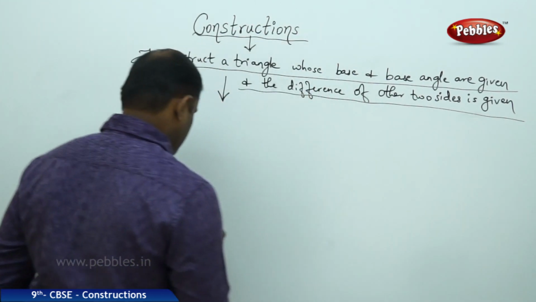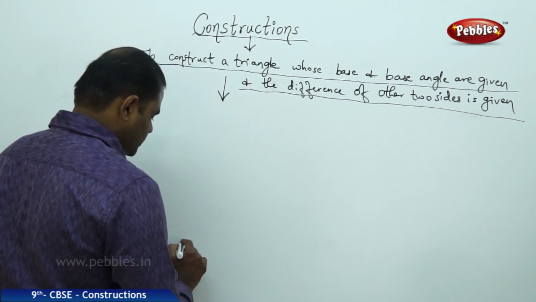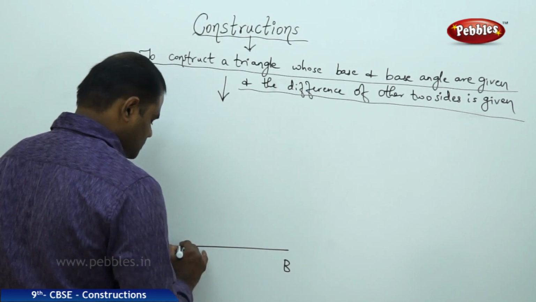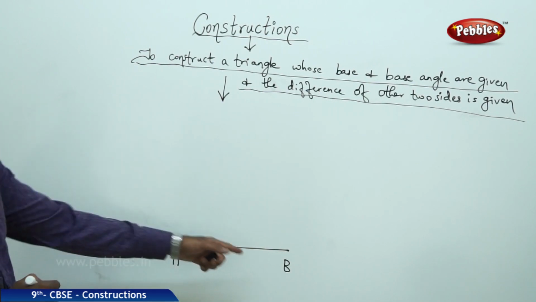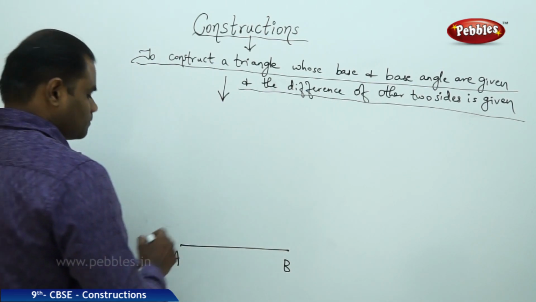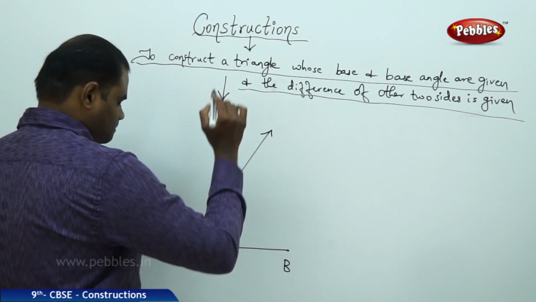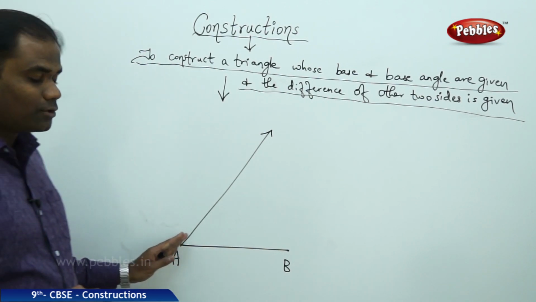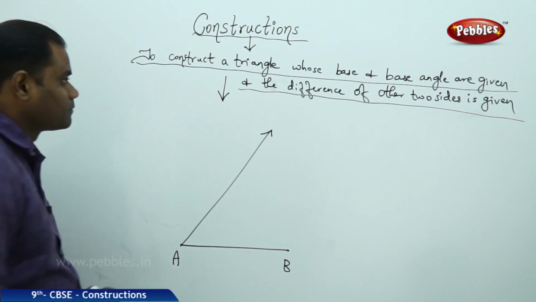So here the base which is given is taken out. AB is the base, and after making the base AB, I have the base angle which is taken out here. So at A, let me say I have the base angle which I draw using the protractor, and then I get this ray.